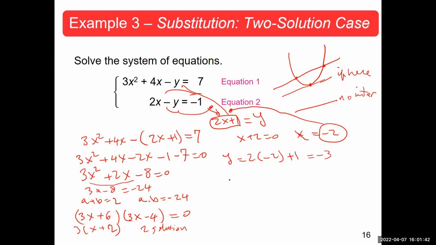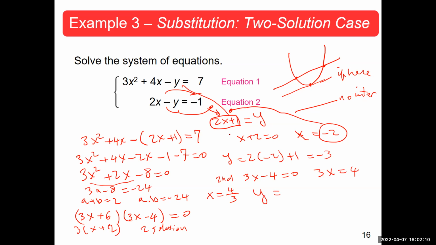The other solution, second, you have 3x minus 4 equals 0. 3x equals 4, then x equals 4/3, by dividing by 3.